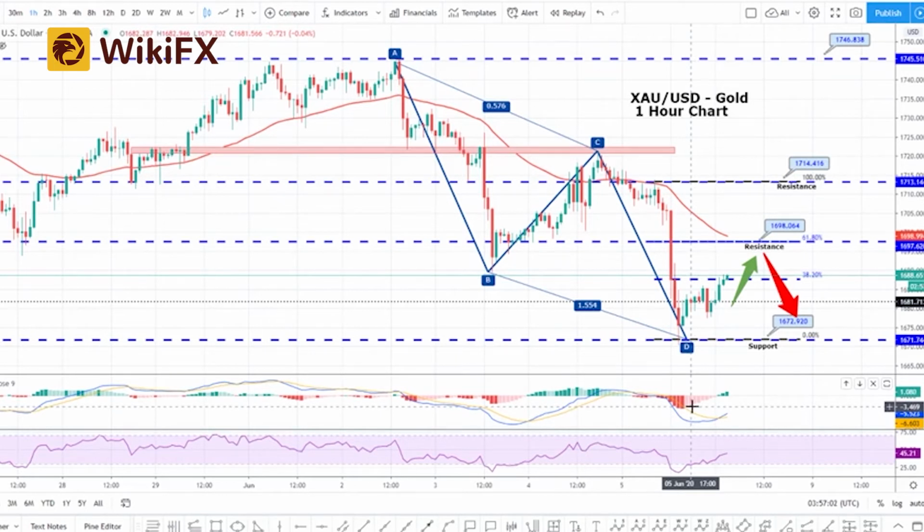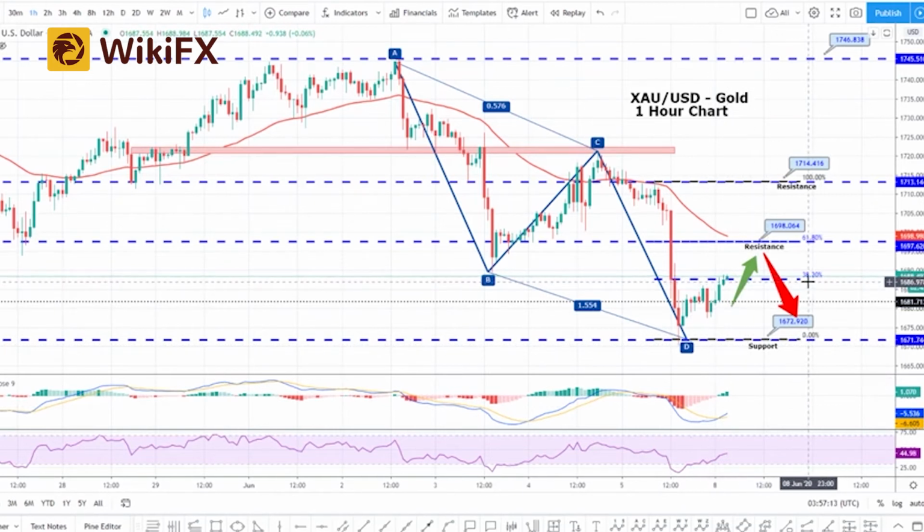increasing in the market. We have also applied the Fibonacci on the gold hourly time frame. As we can see here, gold has completed 38.2% retracement at the level of 1686.